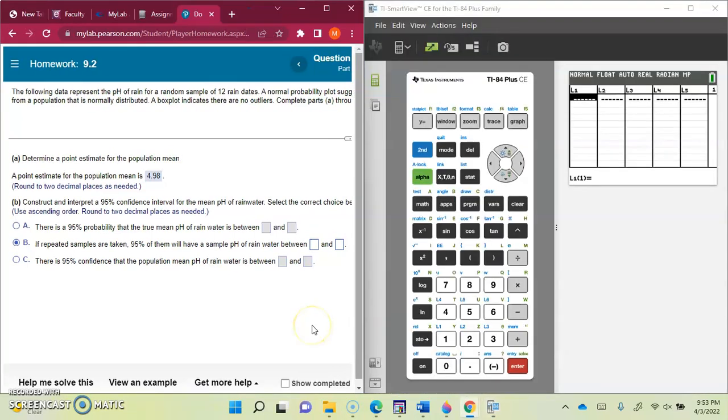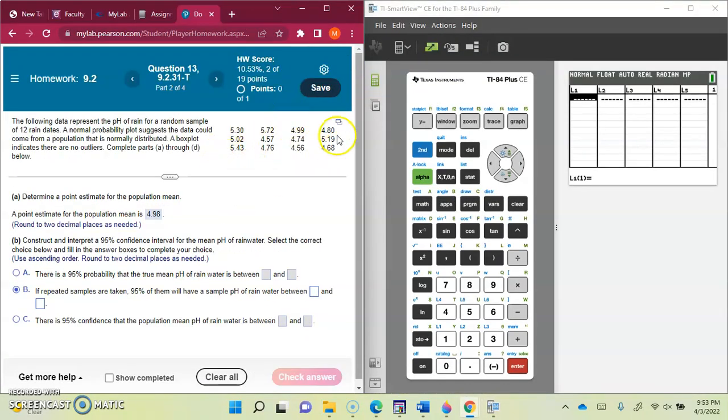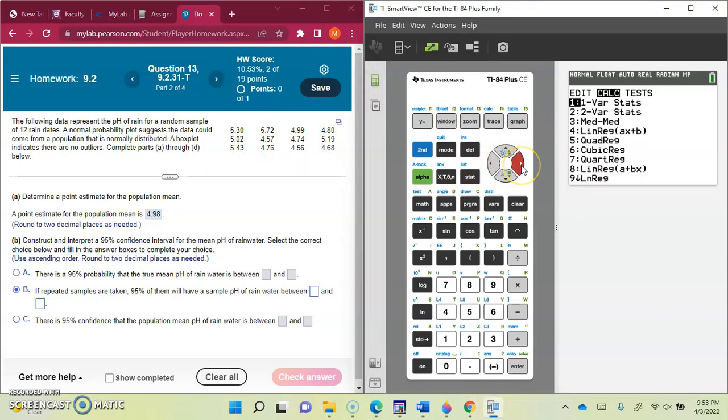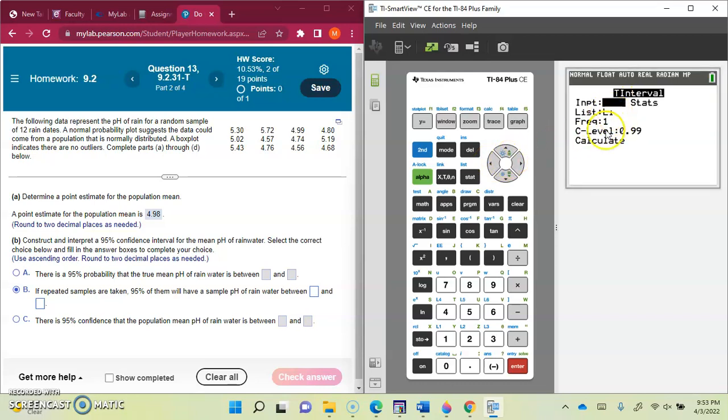You can either enter this data into the L1 and from stat test you can use T interval and use data instead of statistics. And when you select data, L1 will be selected, change the confidence level to 0.95 and you should be good.